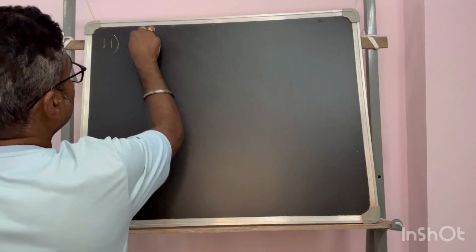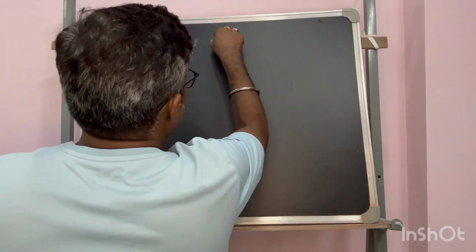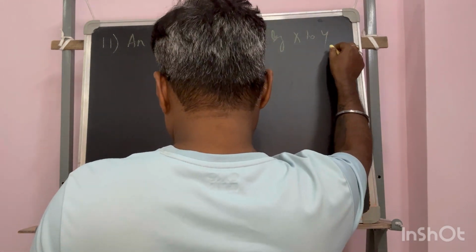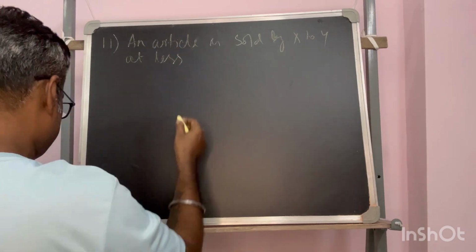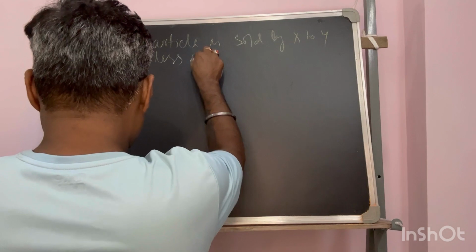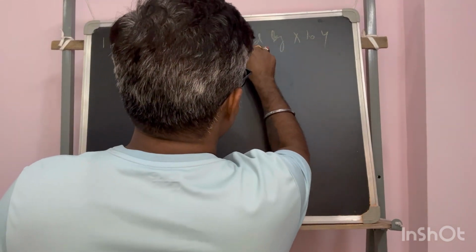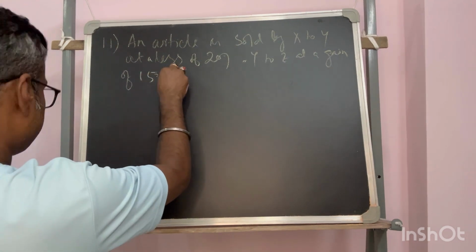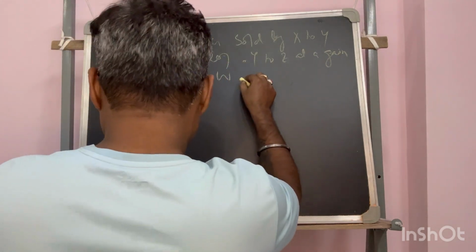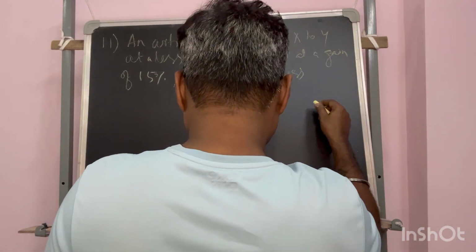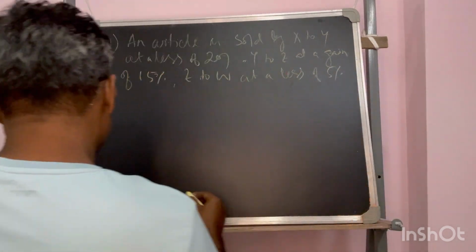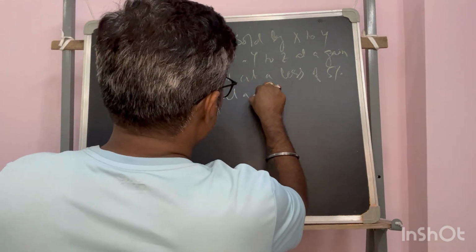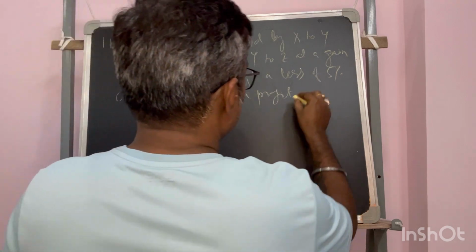An article is sold by X to Y at a loss of 20%, Y to Z at a gain of 15%, Z to W at a loss of 5%, and W to V at a profit of 10%.